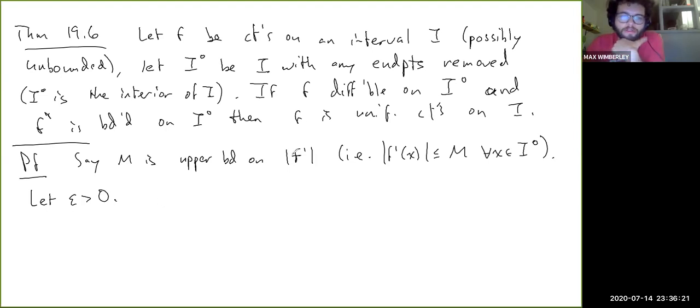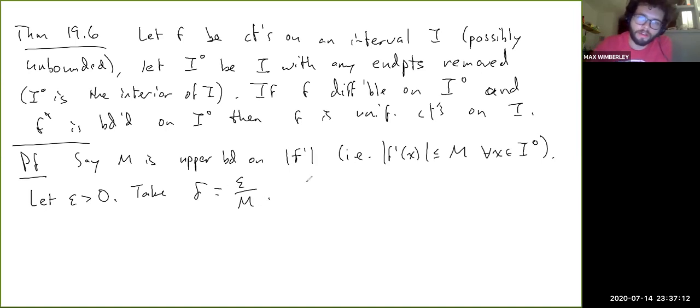We want to use our knowledge that the fastest f can change is at a rate of capital M. So take delta to be less than epsilon over capital M. The idea is that if x and y are delta apart from each other, then the most f can change between those two points is delta times the maximum rate of change. So the most it could change is by epsilon.